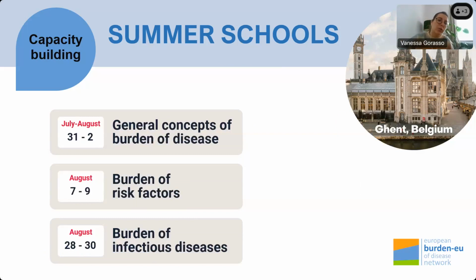You can enroll for the general concepts of burden of disease summer school in July, towards the end of July and beginning of August, and the burden of risk factors and burden of infectious diseases schools, both in August. All 3 summer schools will be in Ghent, beautiful as you see in the picture, in Belgium. Do not hesitate to reach out if you have any questions.